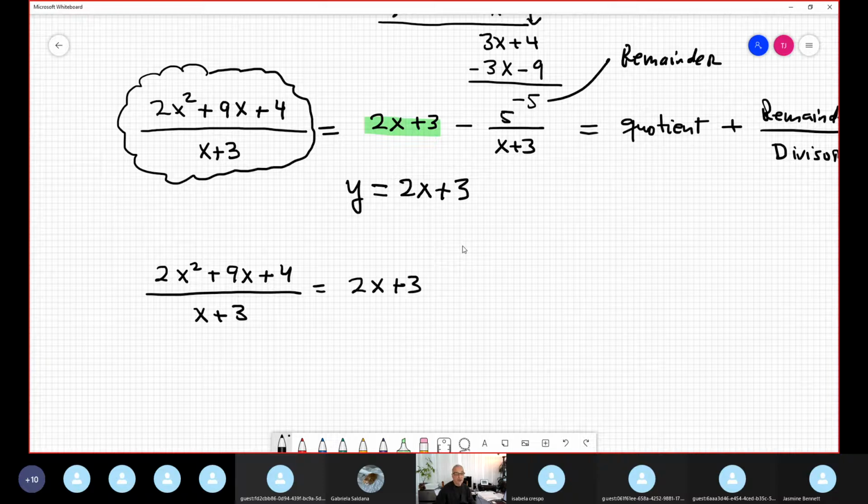You enforce that at some point the function is equal to this number. Let's do it in a different way. I solve this equation, cross multiplication, blah, blah. However, you see here, this original function is equal to the slant when that part is 0.